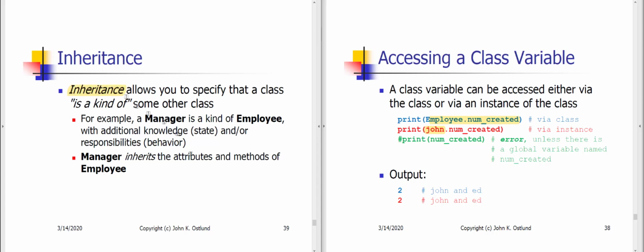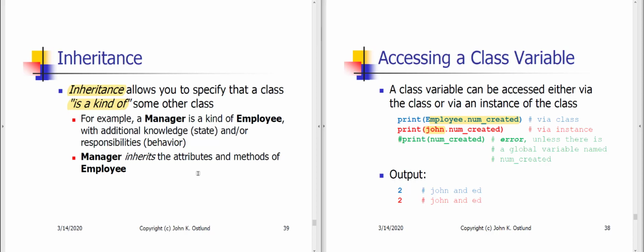Another feature of object-oriented programming generally, regardless of language, and this is true in Python as well, is that object-oriented programming supports the idea of inheritance. That is, it supports the idea of being able to say that some class is a kind of some other class.